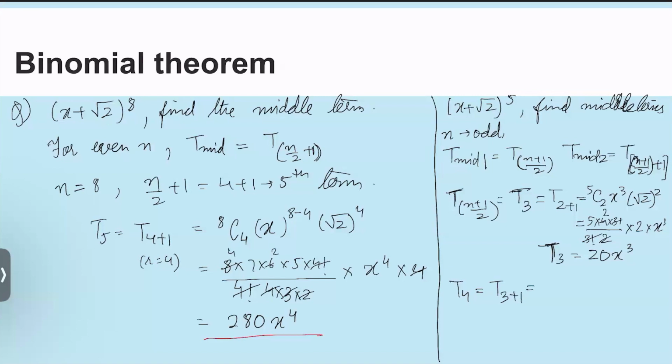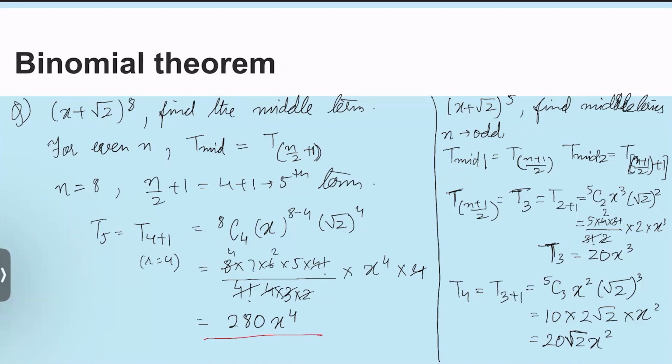So now you can write this as 5C3 x raised to 2, and root 2 the whole raised to 3. Your 5C3 is going to be the same as your 5C2 value, so that is 10. So you can write 10 into 2 root 2 multiplied by x squared. So this then becomes 20 root 2 x squared.